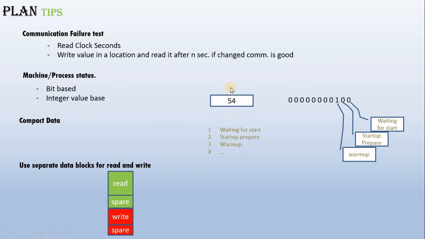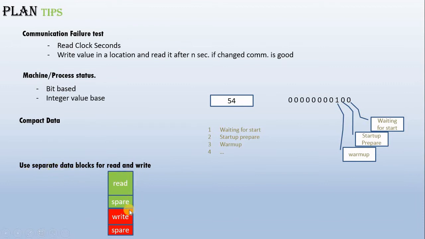Now you can do the same thing through bits. If you say 16-bit, if bit 0, the first one, is 1, that means it's waiting for start. Now this machine is in warm-up. So again, sometimes it's preference, sometimes it's how easy it is. The other thing here is to use separate data blocks.